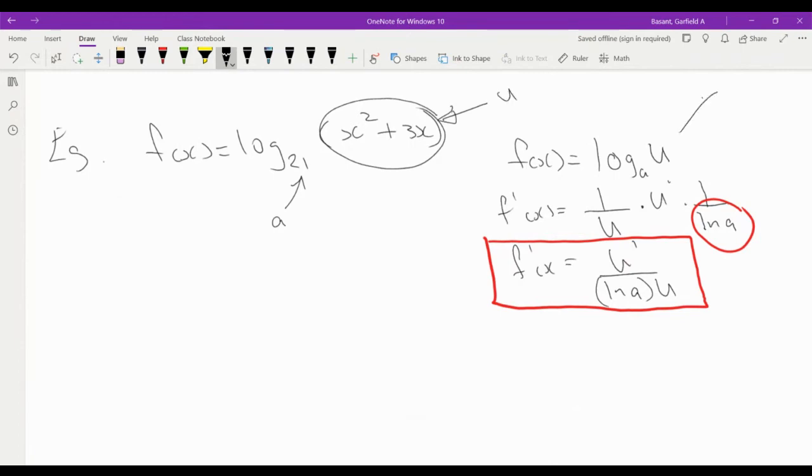Right? So we have log base a of u. So what's our answer to this? Our derivative is equal to u prime. So what is this u prime equal to? Or u is equal to x squared plus 3x. What is u prime?